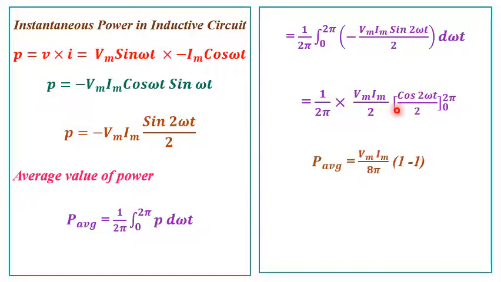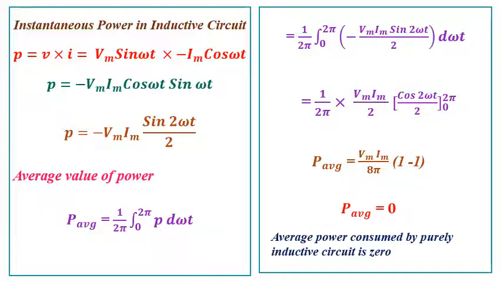Applying the limits, cos 4 pi is equal to 1, and cos 0 is also 1. So we get 1 minus 1, or average power is 0. That is, the average power consumed by a purely inductive circuit is 0.